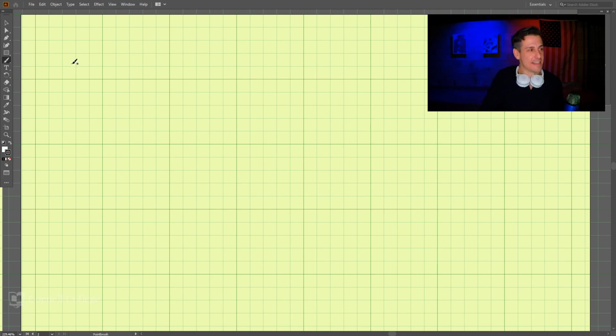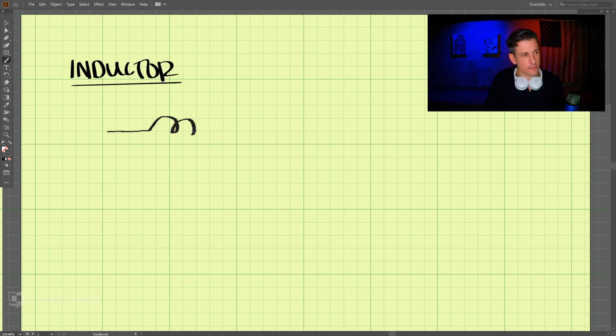Now let's look at the inductor. We can draw an inductor like this, and we use the passive sign convention. So if the current across the inductor is this way, then we can call this the voltage across the inductor here.